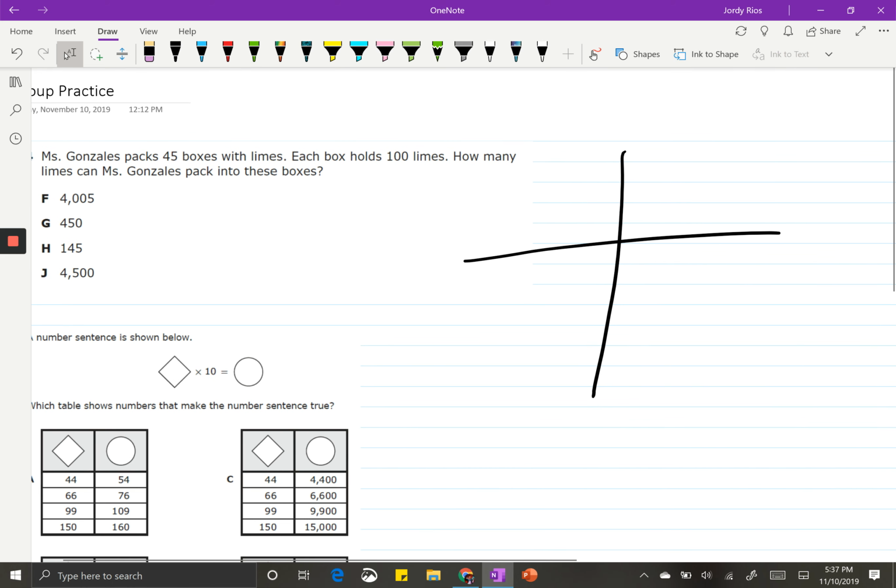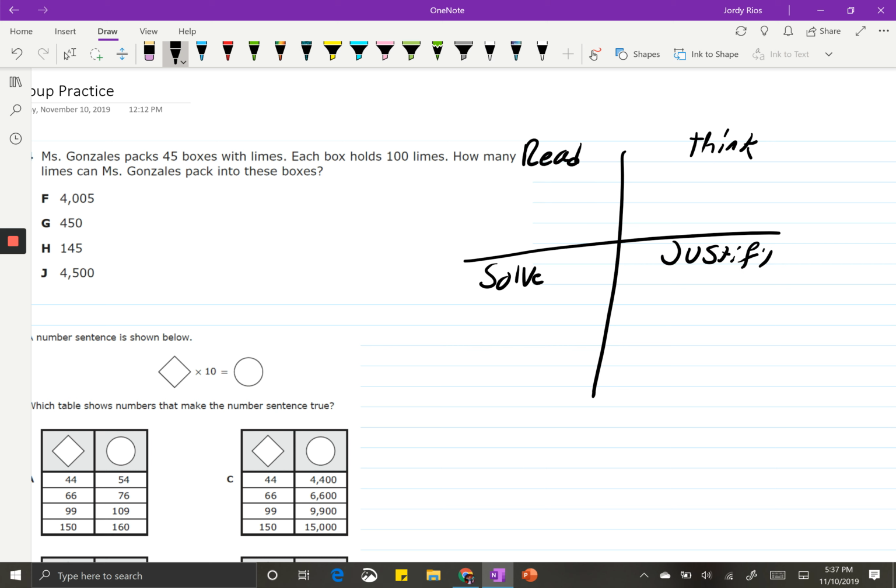This one is read, think, solve, justify. Ms. Gonzalez packs 45 boxes with limes. Each box holds 100 limes. How many limes can Ms. Gonzalez pack into these boxes?